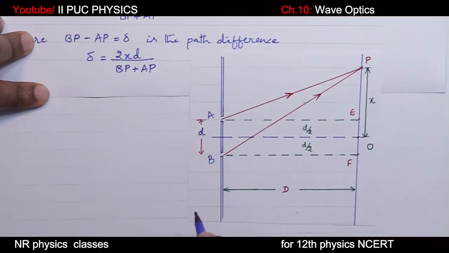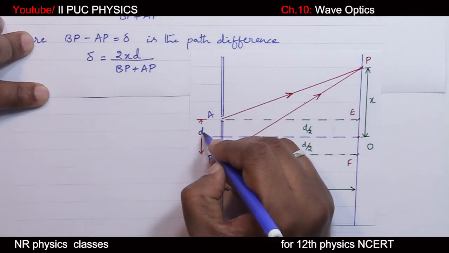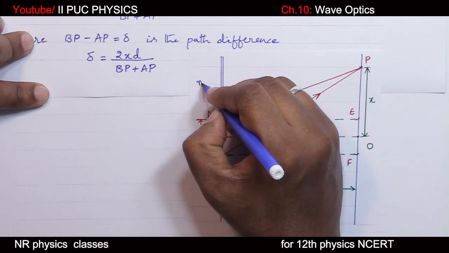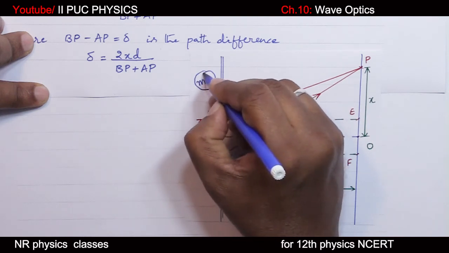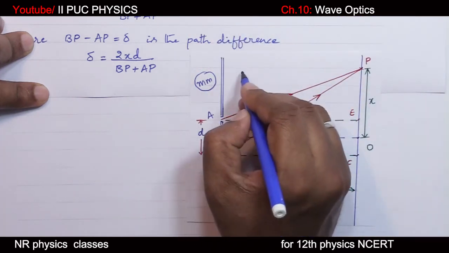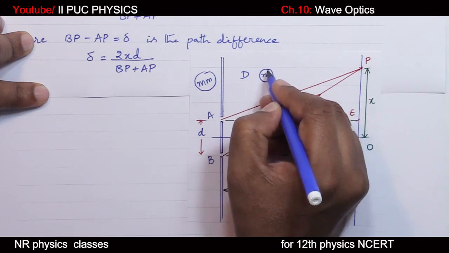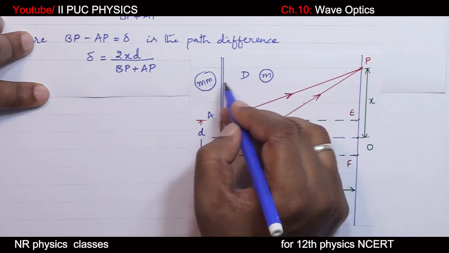Now in the actual case, small d is very small. Small d is in terms of millimeter, and capital D, the distance of the screen from the slits, is in terms of meter. So meter is 1000 times the millimeter.